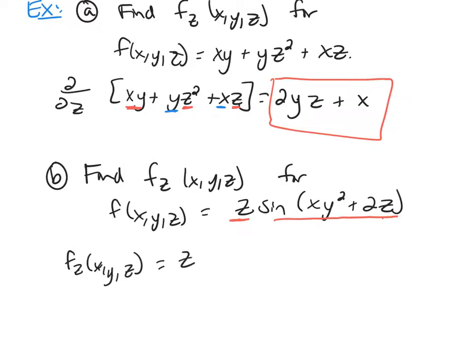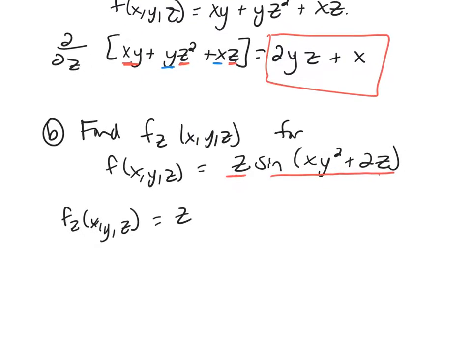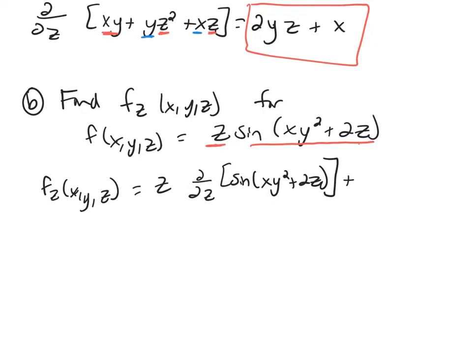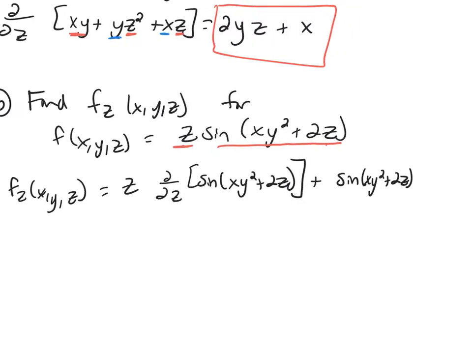So copy the first one down. It's the derivative of the second one. So the partial derivative with respect to z of sine of xy squared plus 2z, plus, now switch it, copy the second one down, times the partial derivative with respect to z of the first one, which was z.